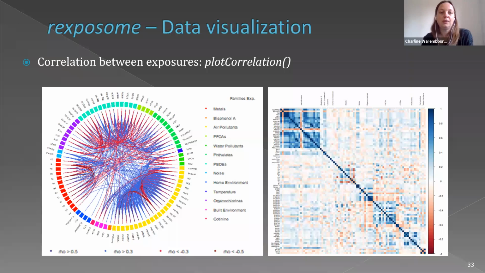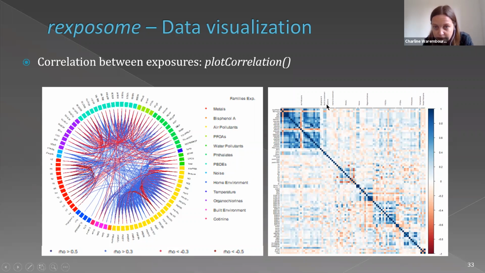You can also plot the correlation between all these exposures, taking into account the family of exposure they belong to. So we have one color for each family, and the color of the line between two exposures represents the correlation between these exposures. Or you can also have another tool to visualize this correlation.